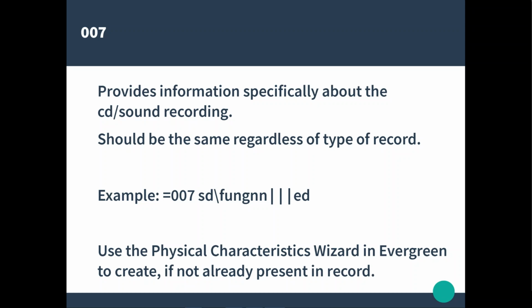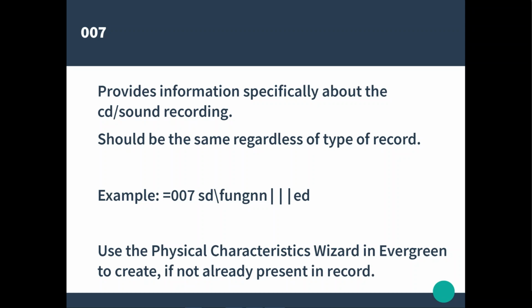And I know a lot of you have already worked with 007s, and we do have the physical characteristics wizard in Evergreen to make it easier to create those. We don't have anything like that for the 006, and that's why in that next session, we're going to really go over the different components of that and how that actually gets created.